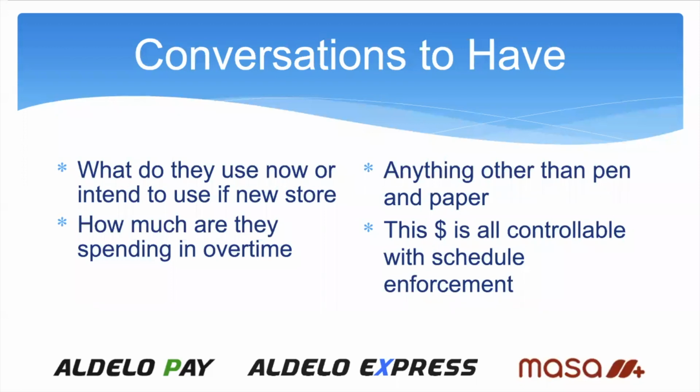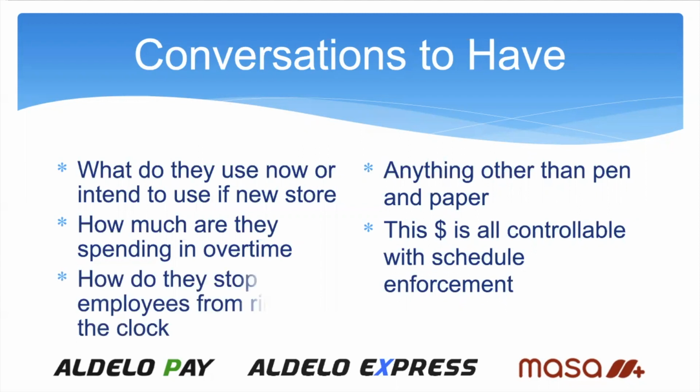If they're doing a bad labor schedule where they intentionally schedule somebody for too many hours during that week, we can help with that and show them ahead of time. How do they stop employees from riding the clock? Well, they probably don't. So there's a good reason to do the labor schedule with the 5-minute grace periods.